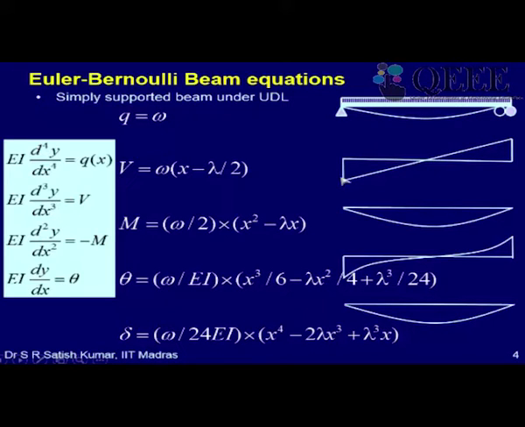Now with reference to this, we also need to understand how the bending moment varies. Bending moment of course has to satisfy the end conditions. All the diagrams have to satisfy the support conditions. So here at the two ends the bending moment is 0. Starting with a 0 bending moment, the shear force is high but negative, so the slope is negative and it has to go down.